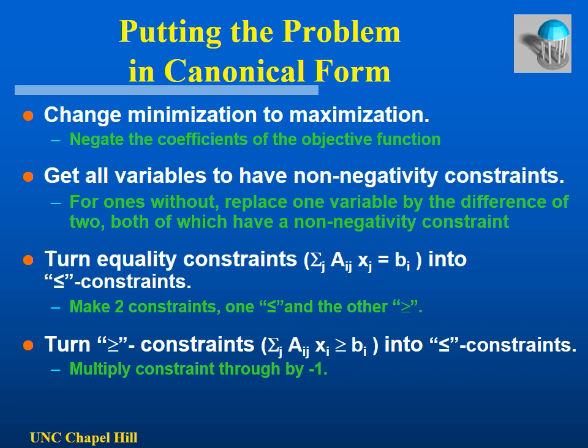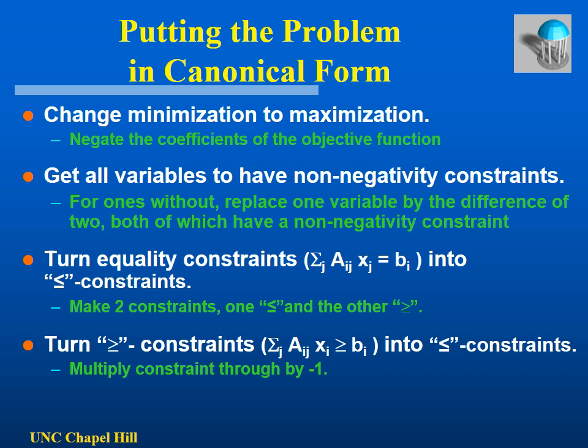So here is how we can transform the problem into canonical form. First of all, we want it to be a maximization problem. If we had a minimization problem, we can simply change all the coefficients in the objective function to their negatives, and then it becomes a maximization problem. We've seen that in our example. Secondly, we want all the variables to have non-negativity constraints. We can play the following game.